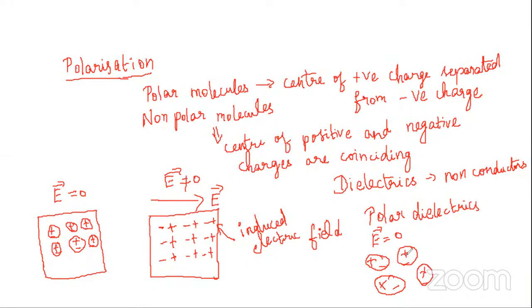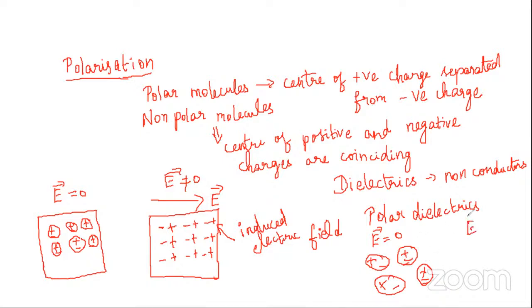The plus and minus I have shown here. They have permanent dipoles, but the orientation is random in the absence of an external electric field, due to thermal agitation. Thermal agitation means due to heat energy, the orientation of dipoles is disturbed and random.